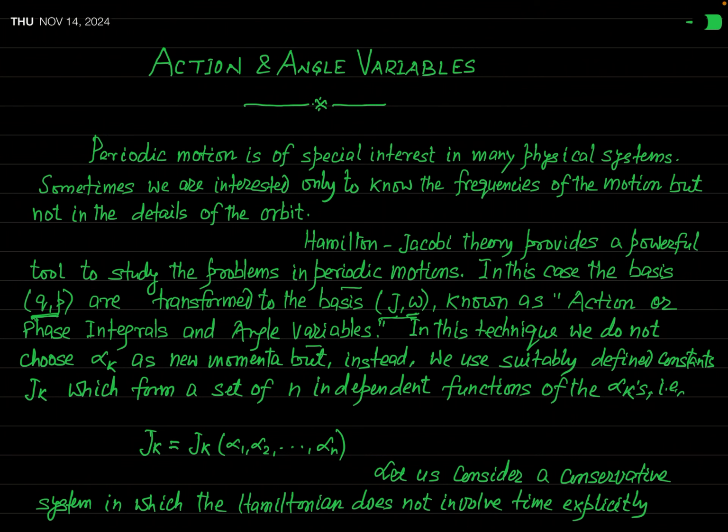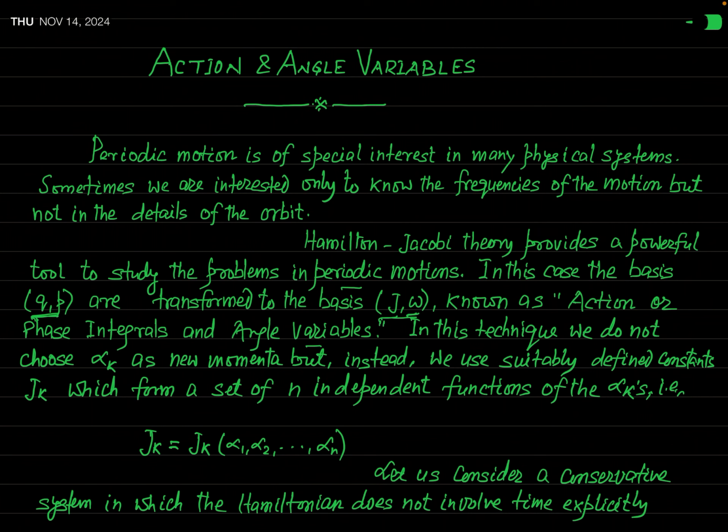Actually, in this lecture, we are going to see how we can define this action variable and the angle variable, and how the basic problem of periodic motion can be solved by using this. In fact, when we solve a problem of periodic motion, our prime aim is to find the frequency of the motion without knowing the details of the orbit, details of the trajectory.